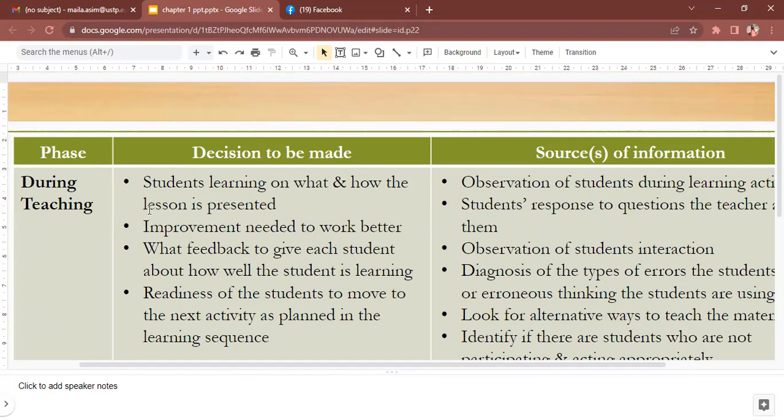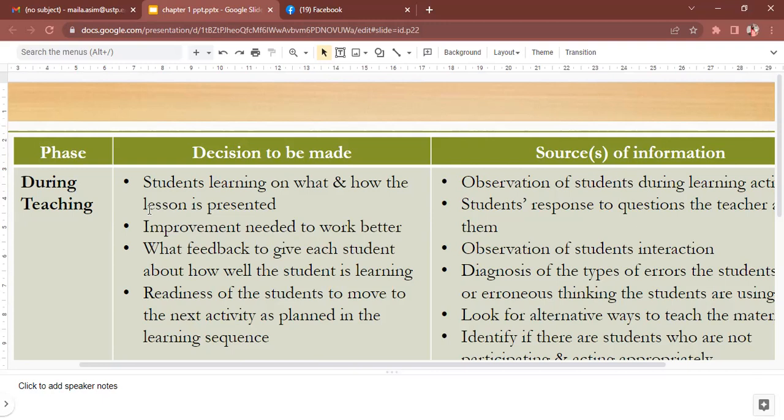So diri, makabalo na pud ka if ang mga students way of learning, how and what the lesson is presented, and the improvement needed to work better. So there are things nga malimtan nato nga there are still improvements pa sa atong mga students and sa atong assessment nga ginabuhat, diba?